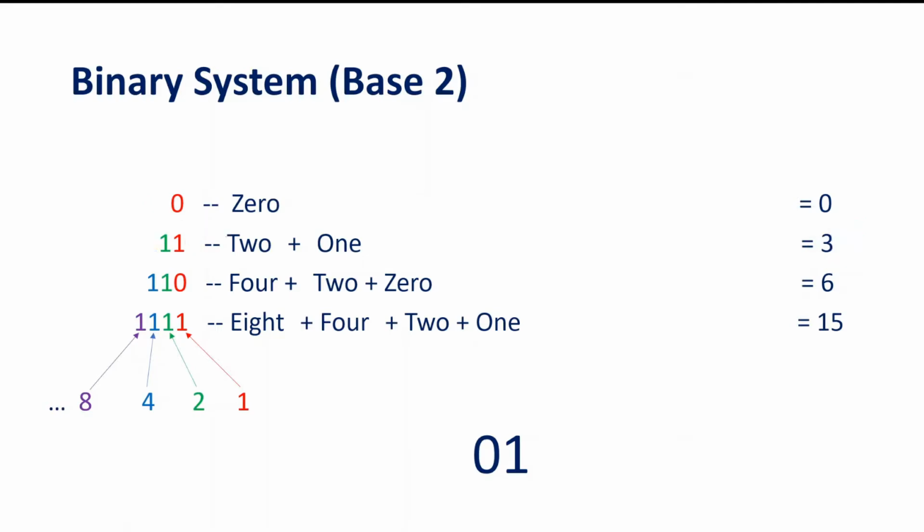Similarly, for this number, the weight is 1, but since it is 0, we don't have to add this weight. The second weight is 2, the third one is 4. So when we add 4 plus 2, we get equivalent decimal number 6. Likewise, for this number, add 8, 4, 2 and 1, we get equivalent decimal number 15.